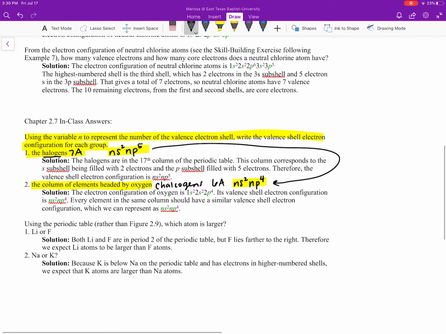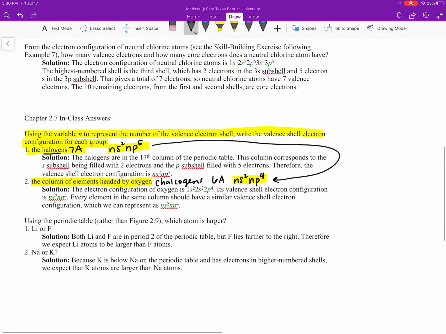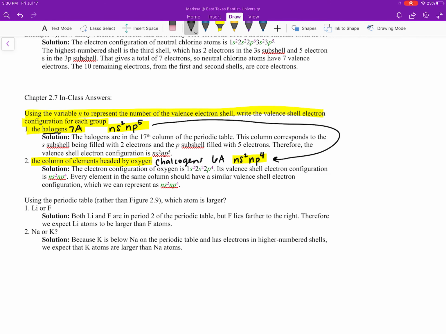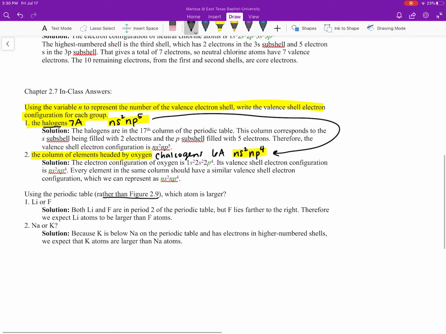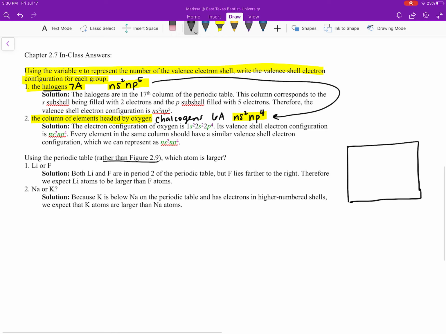So the next question is about periodic trends, which in this case it says, using the periodic table rather than figure 2.9, predict which atom is larger. And the trend that we have to remember is that as we go, and I'm just going to draw a square because it's close enough, as we go across, fluorine is going to be the smallest element.